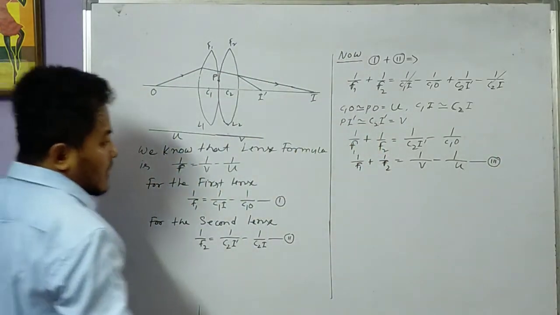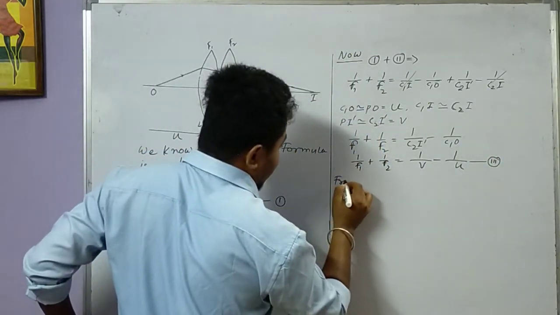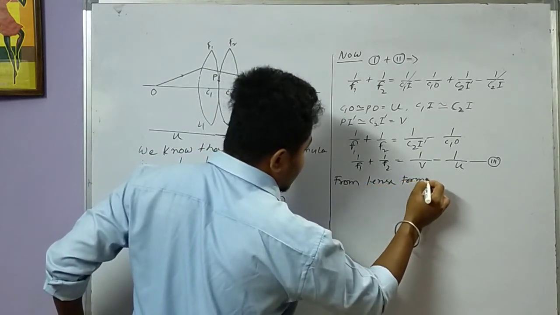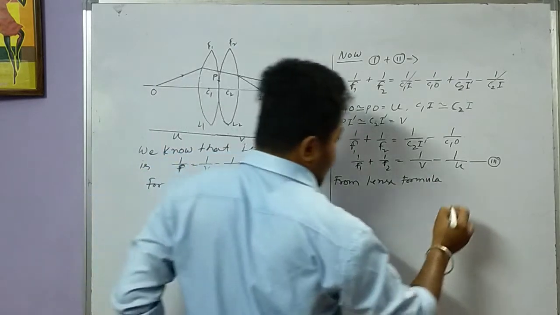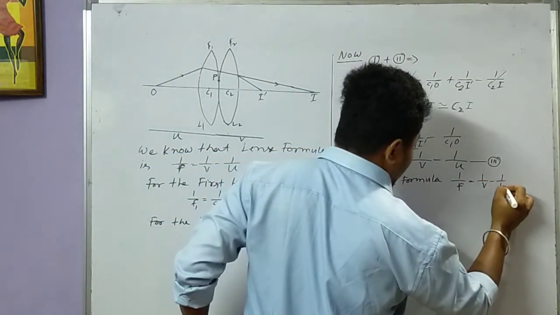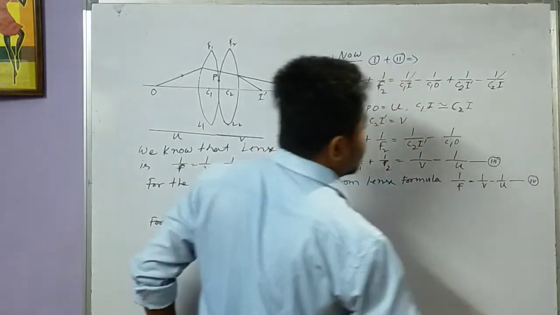Now from the lens formula, 1 by f is equal to 1 by v minus 1 by u. This is equation number 4.